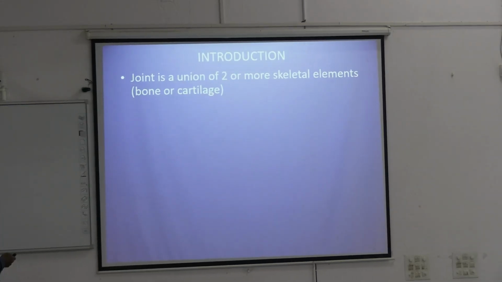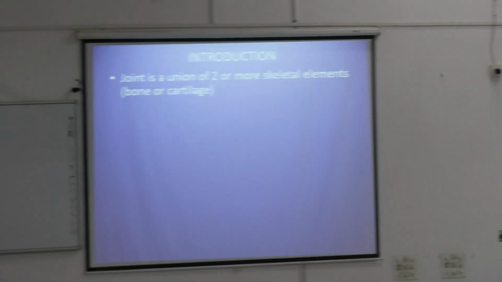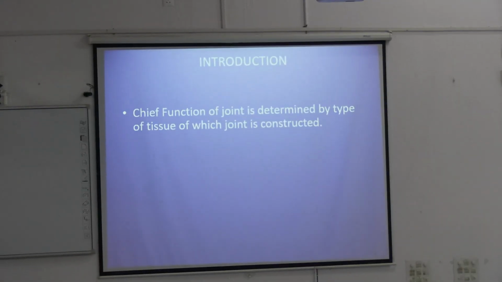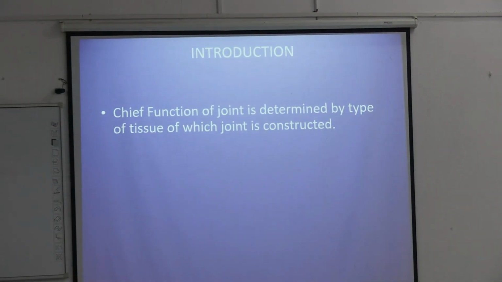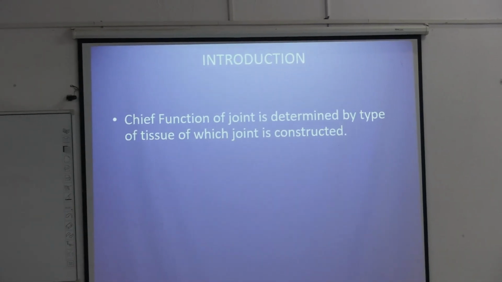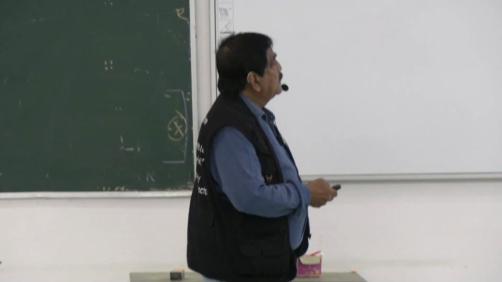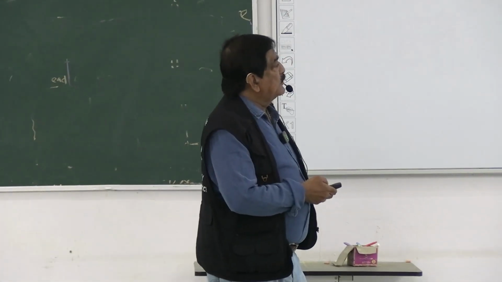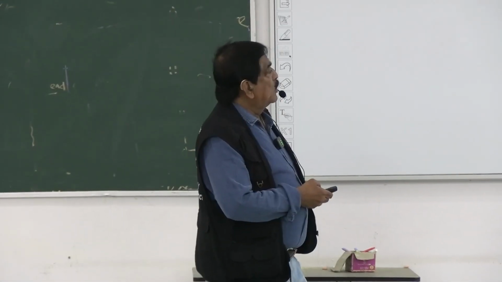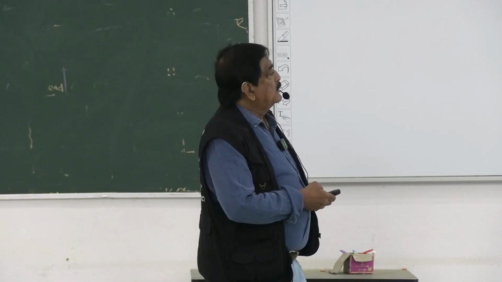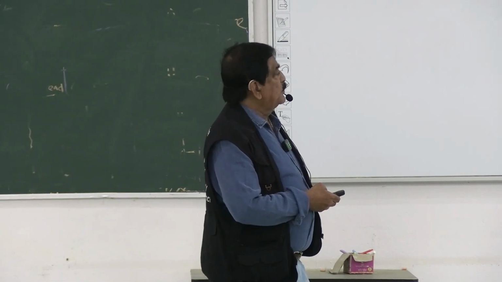Joint is the union of two or more skeletal elements, bone or cartilage. Chief function of joint is determined by the tissues of which the joint is constructed. In the great majority, the free articular surfaces slide, spin or roll over one another, there being no other tissue interposed between them.